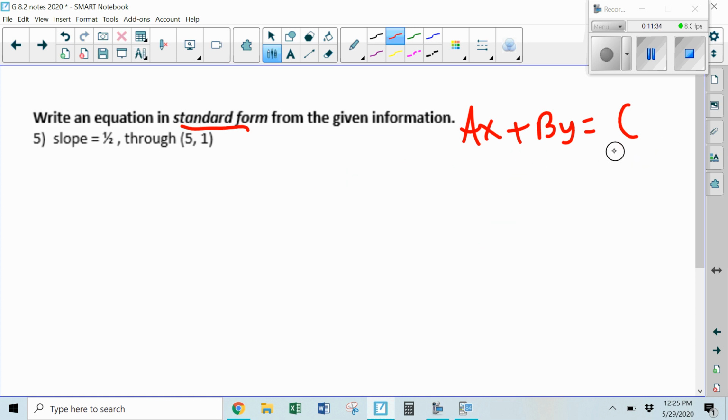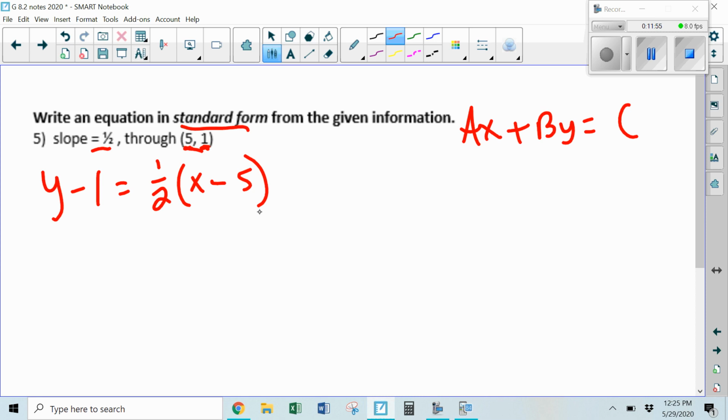So what form should I start in if I'm given slope and a point? I should get it in point slope form. So let's go ahead and do that. Y minus y equals m, x minus x.